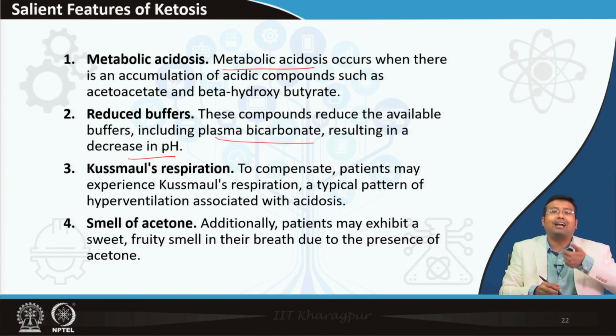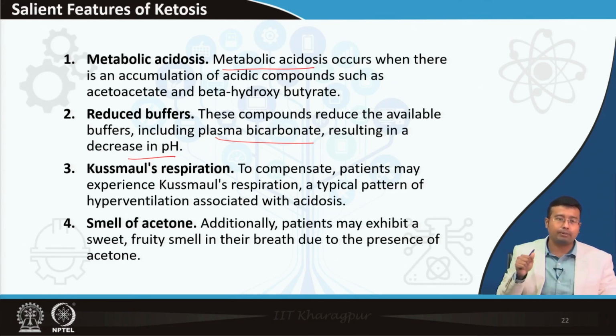Mind it, whenever there is an unbalanced acid, first the buffer system will try to compensate the acidotic imbalance. So, there is increased acidosis and decreased pH, and there is acidosis because of depletion of buffer. Next, there is acidotic breath. This is known as Kussmaul's breathing. Typically, the patient tries to hyperventilate.